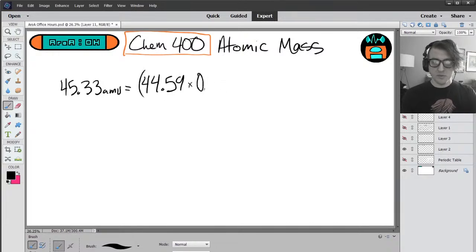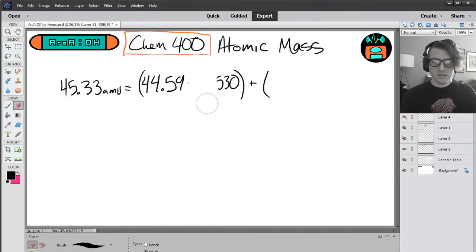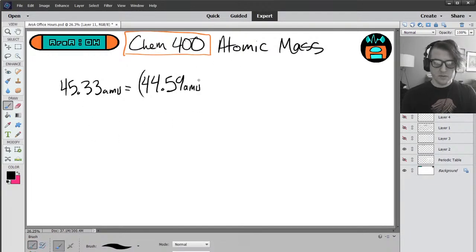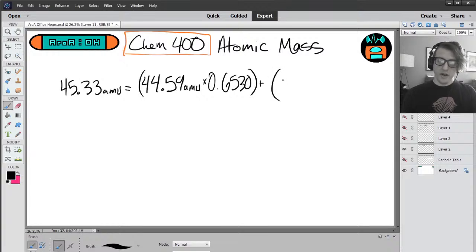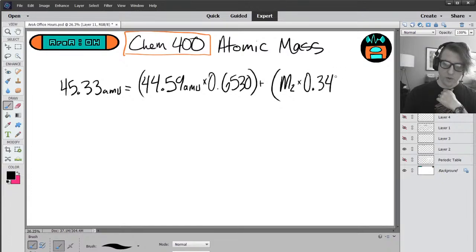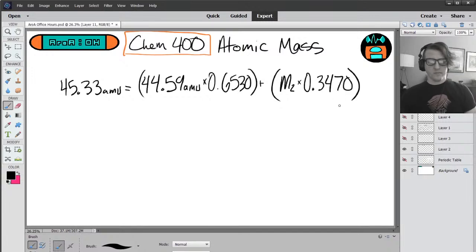You have to make sure you do this as a decimal, so 0.6530, plus our unknown, the mass of our second isotope, times its percent abundance, which is 0.3470.